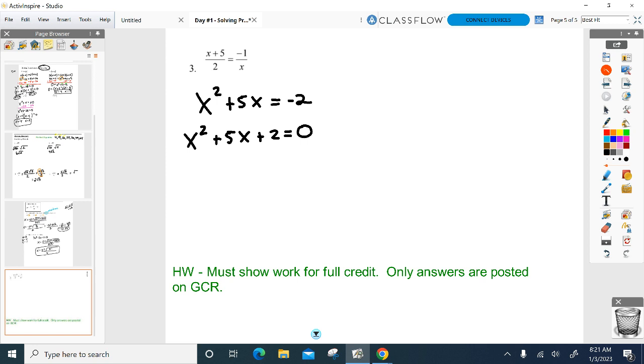Think about factoring. The problem, are there numbers that multiply to 2 and add to 5? No. You're not going to find any numbers that multiply to 2 and add to 5. So that's why you're forced to go to quadratic formula. I don't want you to forget about factoring though.